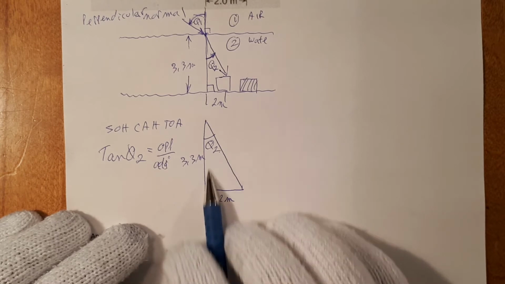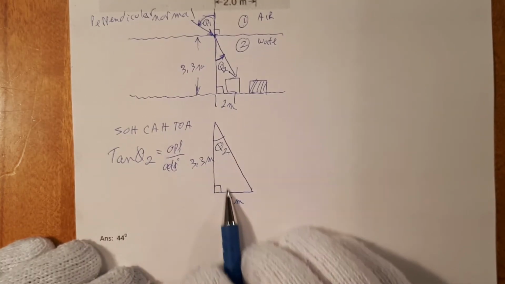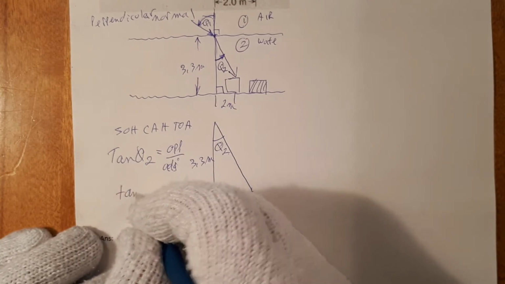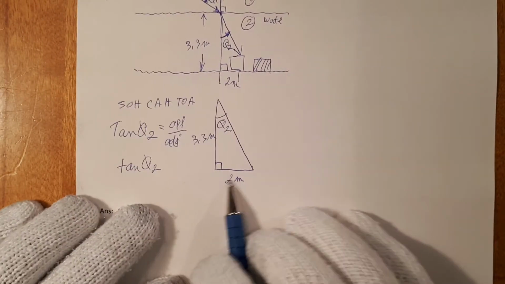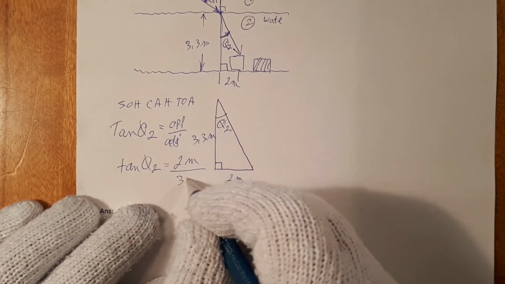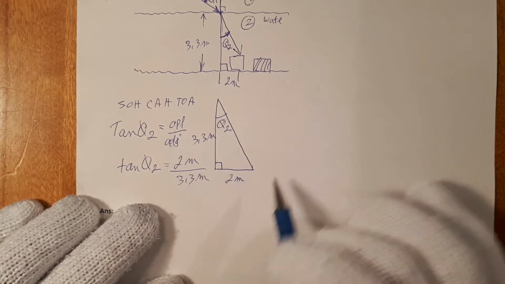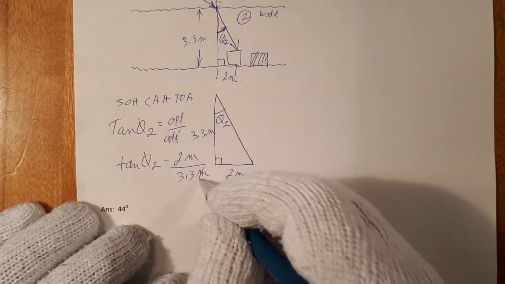Here's the opposite, and this is the adjacent to the angle that we are interested in. Putting in the numbers, tan theta 2 is equal to the opposite, 2 meters, divided by 3.3 meters. Meters will cancel out.